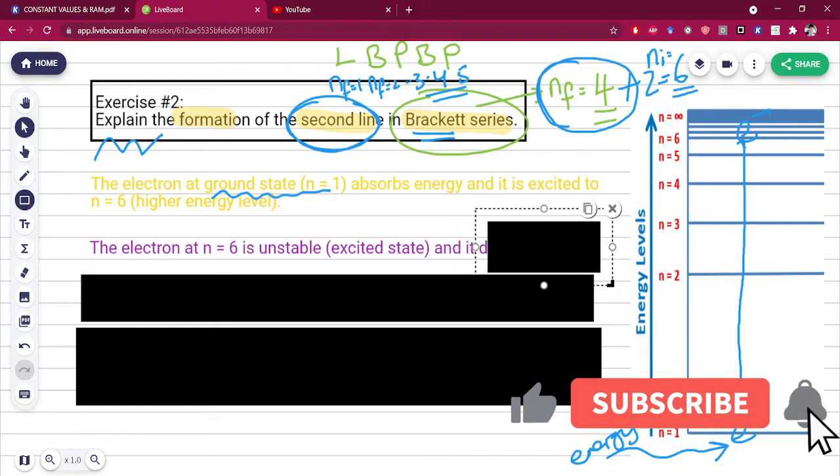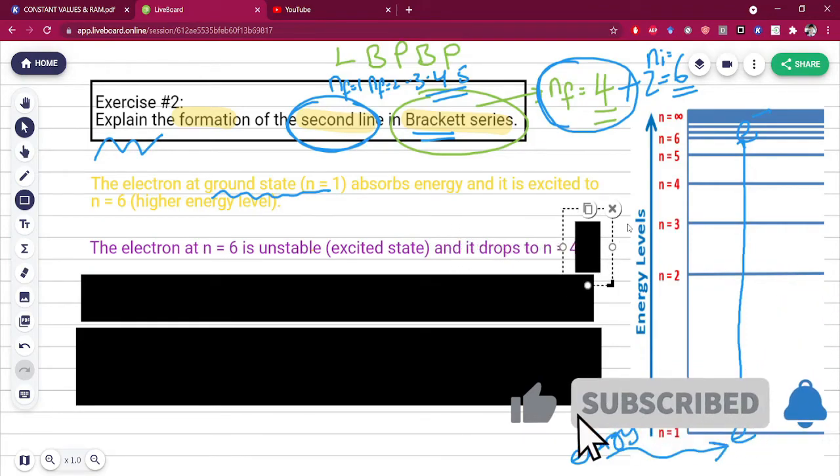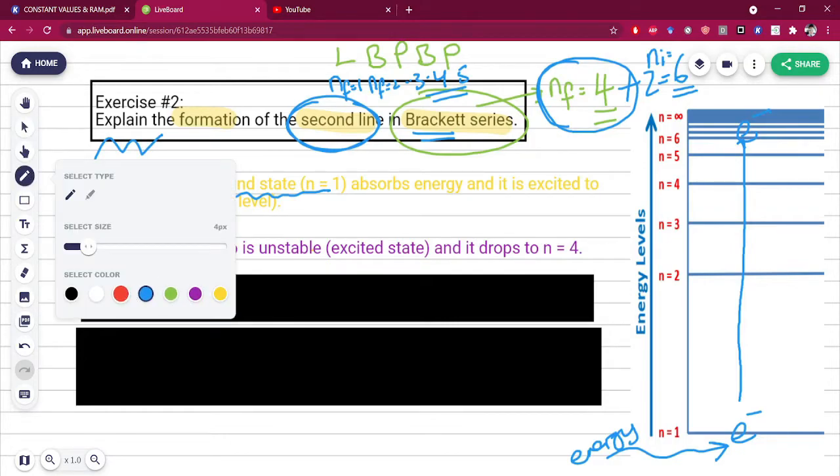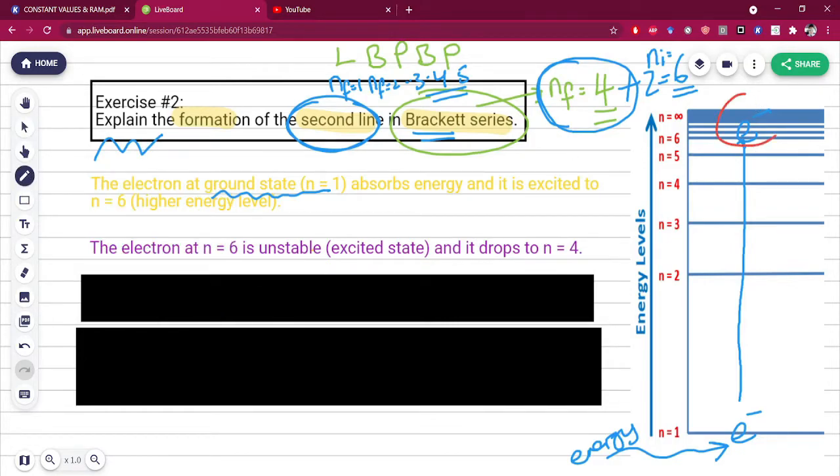It is in the excited state and it drops to n equals 4. This particular electron will drop to n equals 4 and energy will be released. That will be the photon. The energy released over here will form the line spectrum, the photon in the Brackett series.